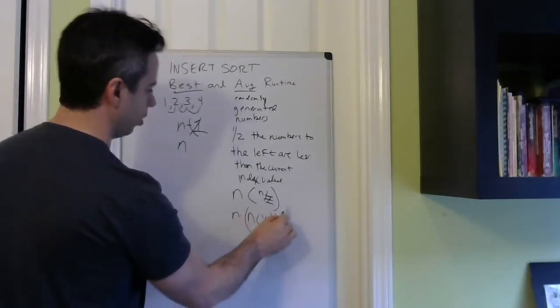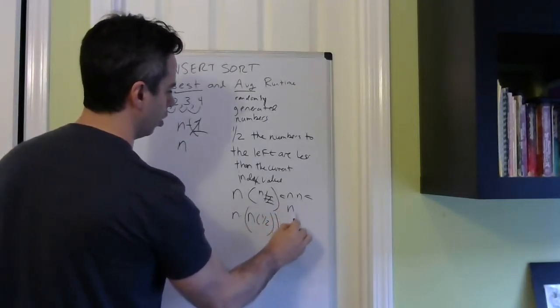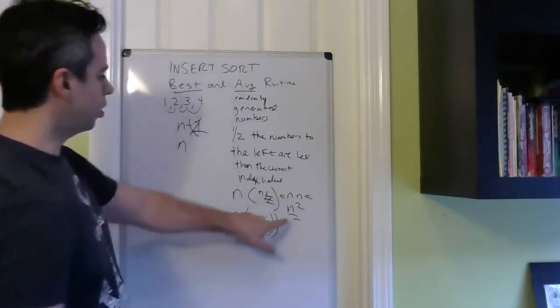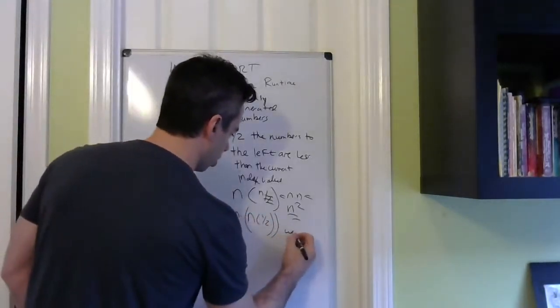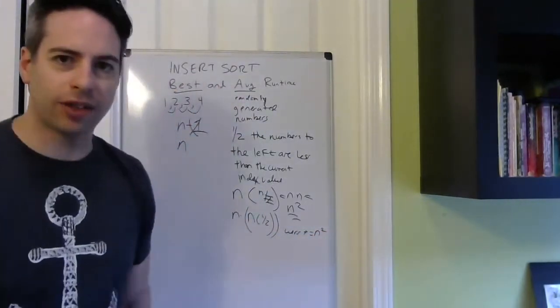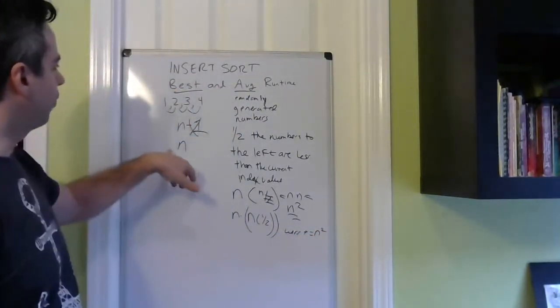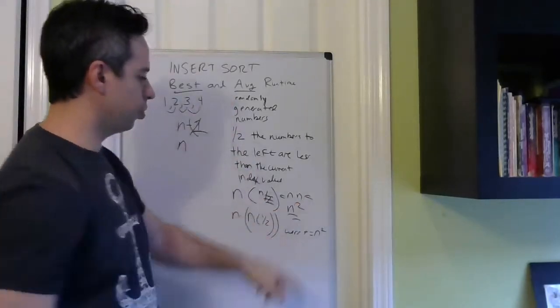Drop the constant, that equals n times n, which equals n squared once again. So n squared, that's the same as the worst case. Worst is also n squared. Ain't that a thing? So we have best is n, average is n squared, and worst is also n squared.